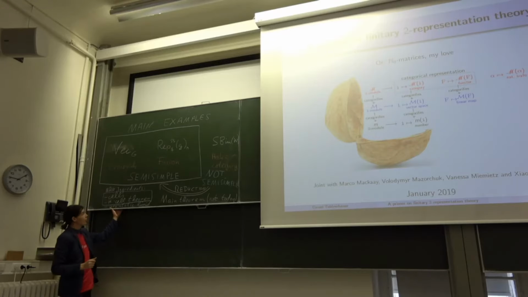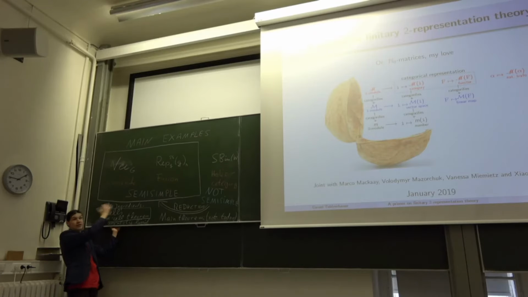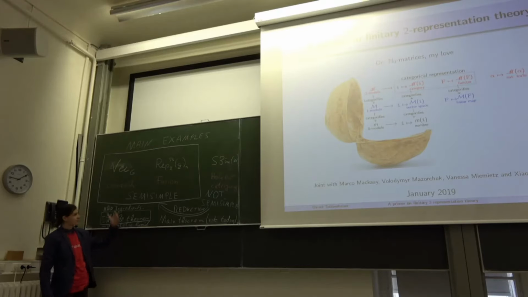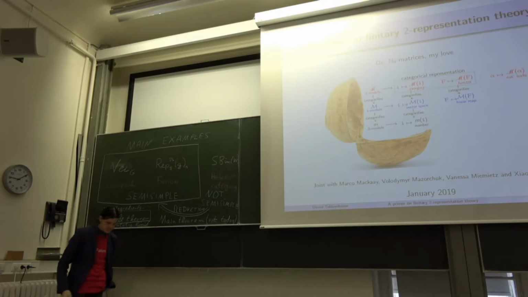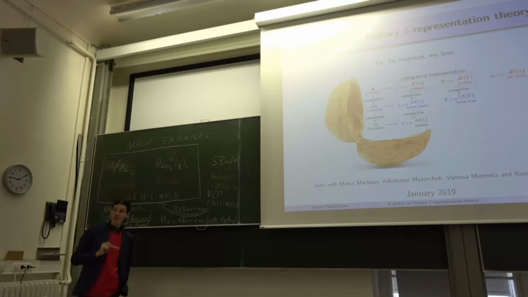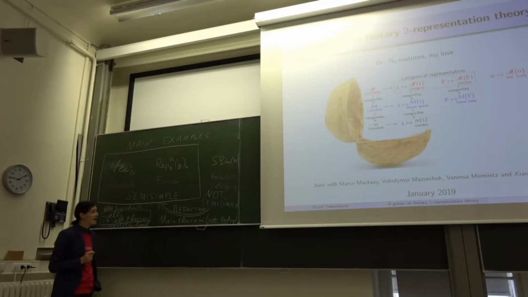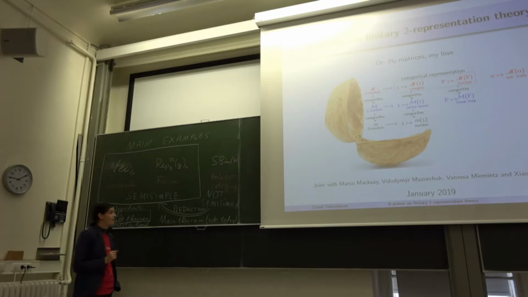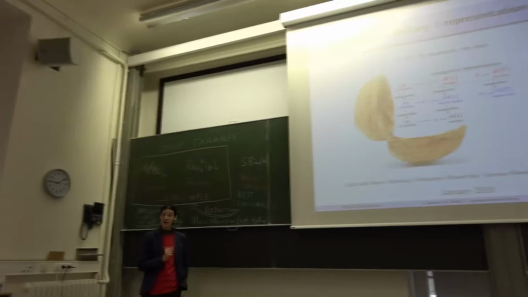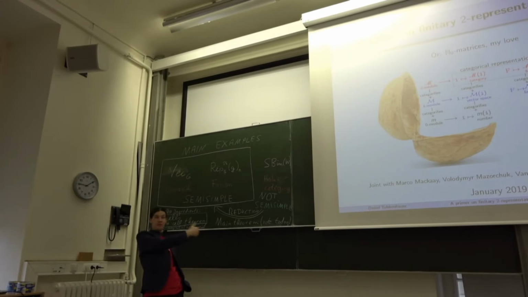And those 2 have in common that they fit into something usually called fusion categories, which is kind of the semi-simple world. And the third example, which doesn't quite fit into the semi-simple world, are Soergel bimodules or Hecke categories, so categorification of Hecke algebras, which are not semi-simple, and we also want to study kind of two-representations of those guys.